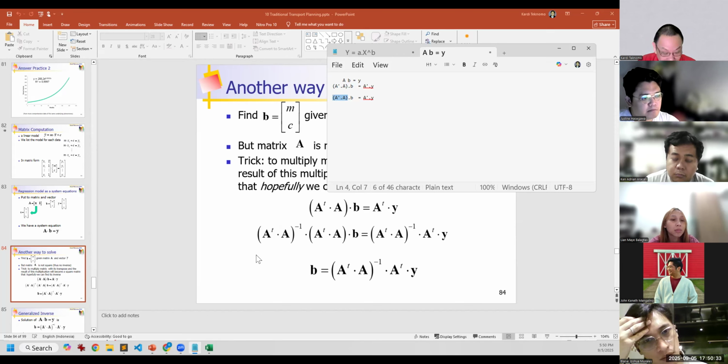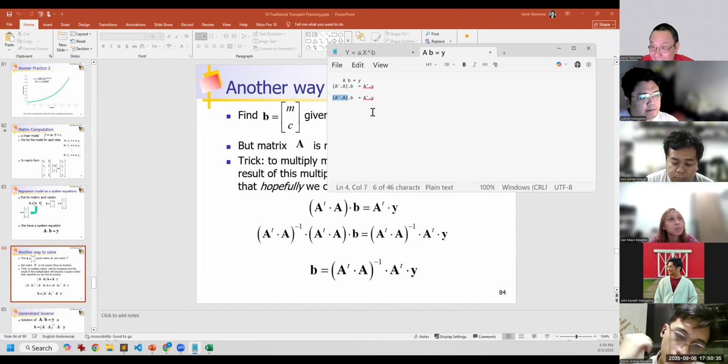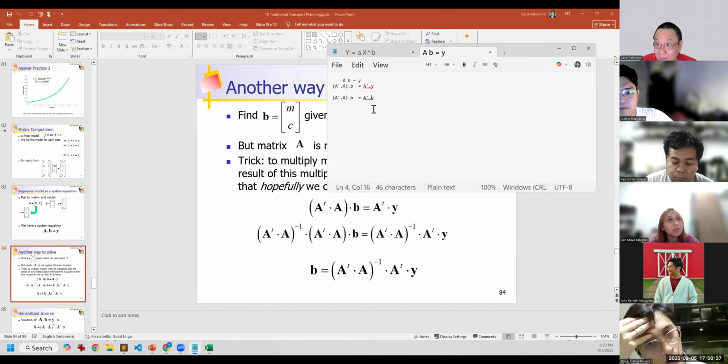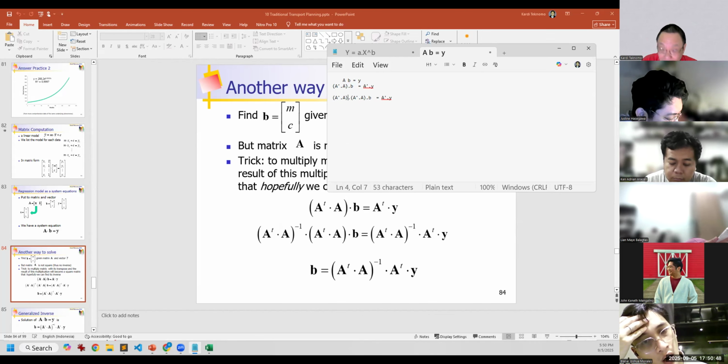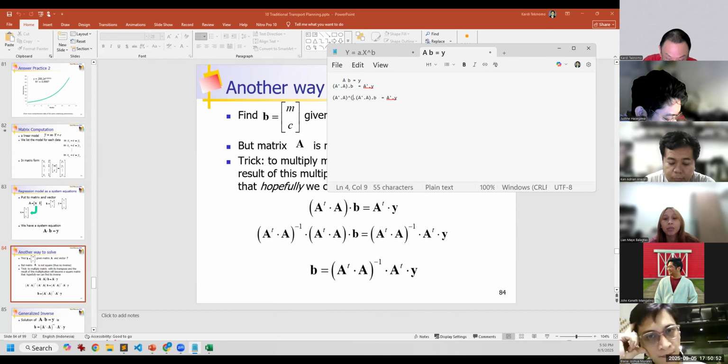So, okay, I multiply this one with its inverse. Okay, so I copy here, multiply with its inverse. Yeah? So this one has exponent minus 1. Minus 1 means this is an inverse. Okay? But the left-hand side is multiplied by the inverse.